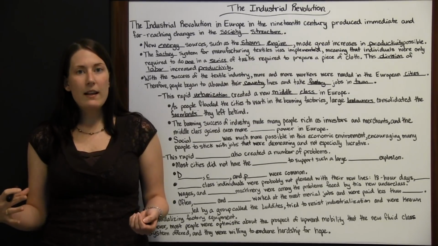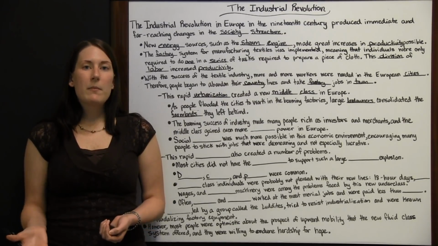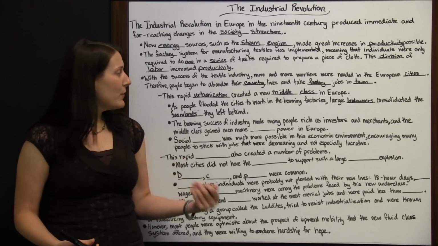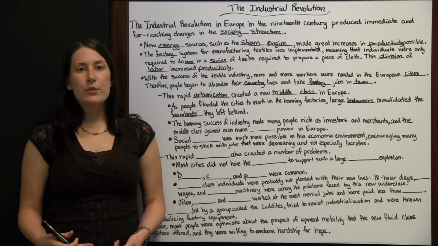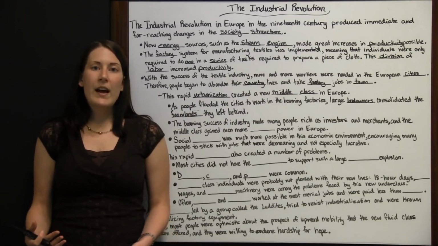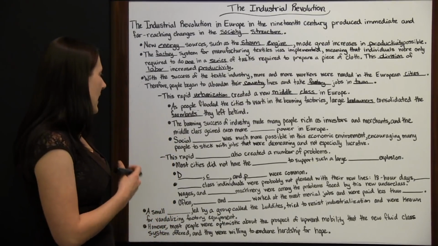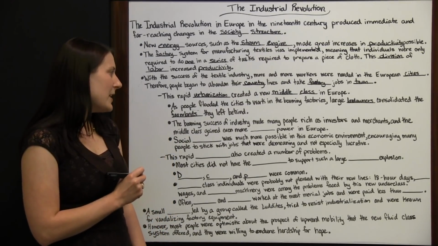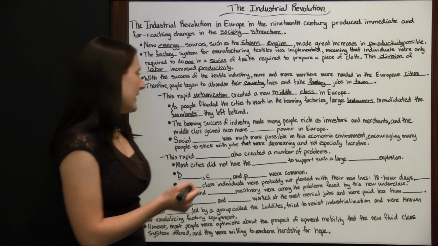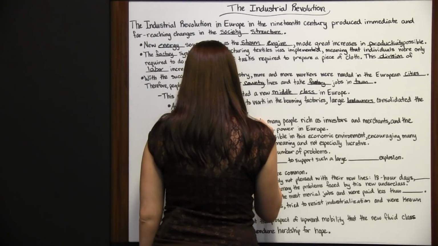If they had just a small area to plant, they may have only been able to make enough food for themselves and not enough to make money. So moving into the cities gave them an opportunity to possibly be able to make more money and become wealthier as a family. The booming success of industry made many people rich as investors and merchants, and the middle class gained even more political power in Europe.